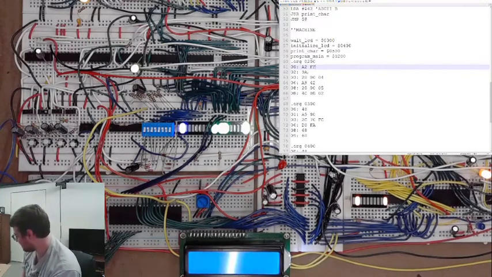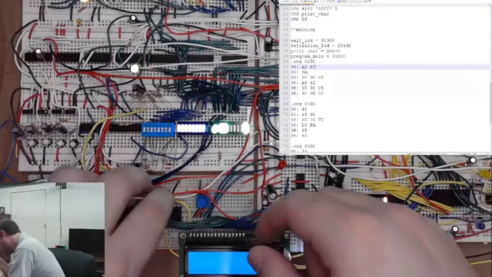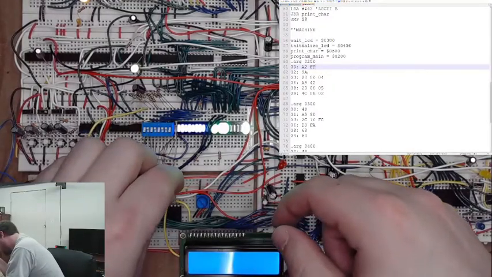Okay, let's see if everything else runs properly at this point. If we disable this, we should be able to go ahead and hand control back over to the CPU.